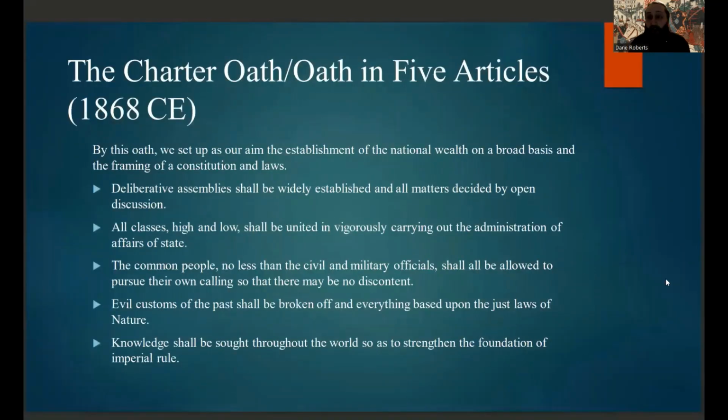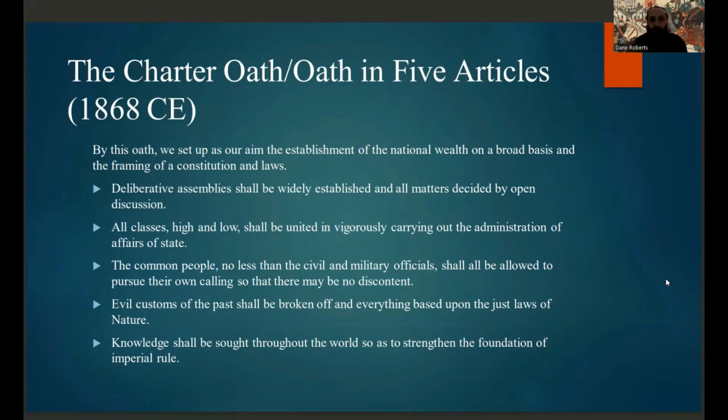So, with his ascension to supreme power of Japan, Meiji and his council would create and sign what is known as the Charter Oath, or the Oath in 5 Articles, where it stated that they aim to establish a national wealth on a broad basis, and the framing of a constitution and laws. Deliberative assemblies shall be established and widely used, and decided by open discussion.